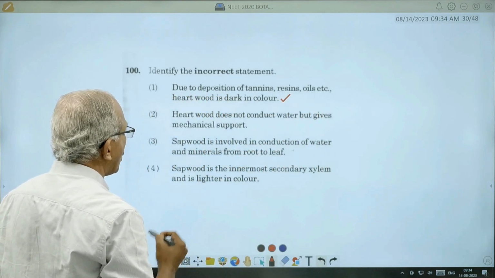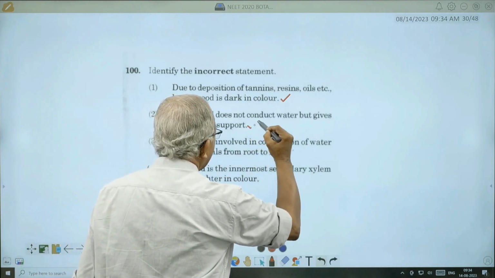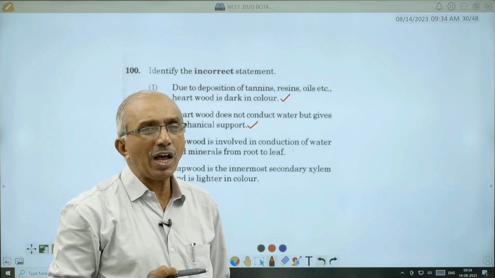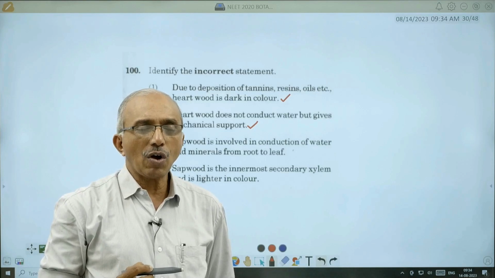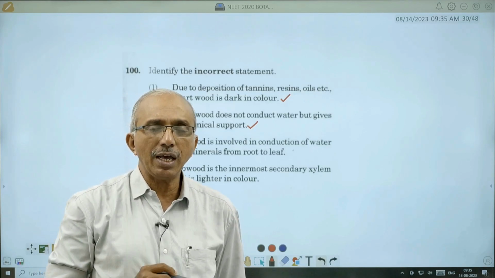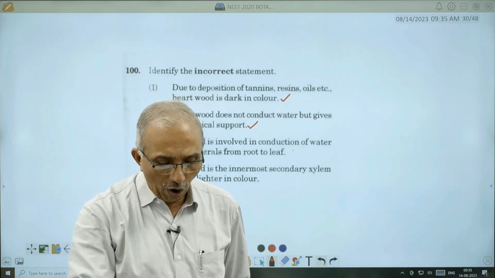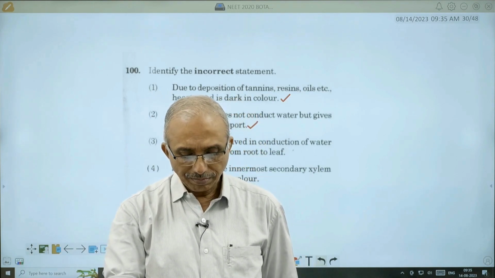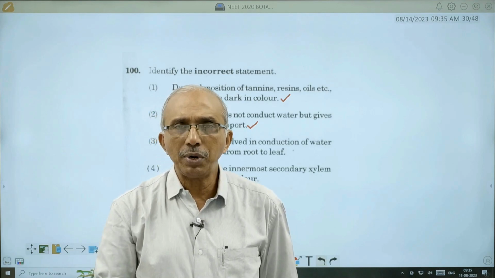Heartwood does not conduct water but gives mechanical support. Heartwood is the central part of the secondary xylem. It is dark brown in color due to the deposition of tannins, resins, oil, etc.